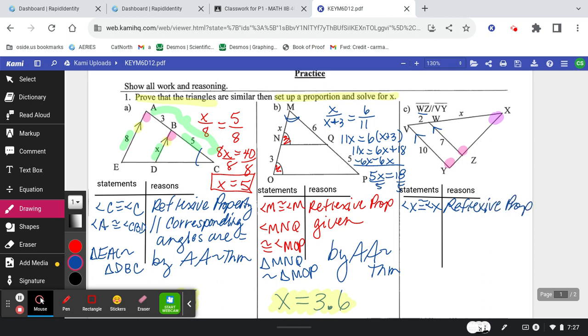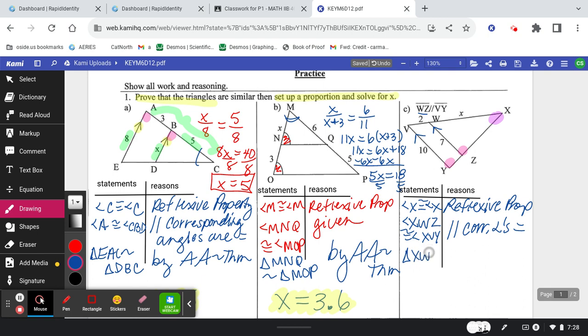And then I'm going to say angle XWZ is congruent to angle XVY, and that's by parallel lines, corresponding angles are equal. Now I have my two angles. Now I have enough for similarity.